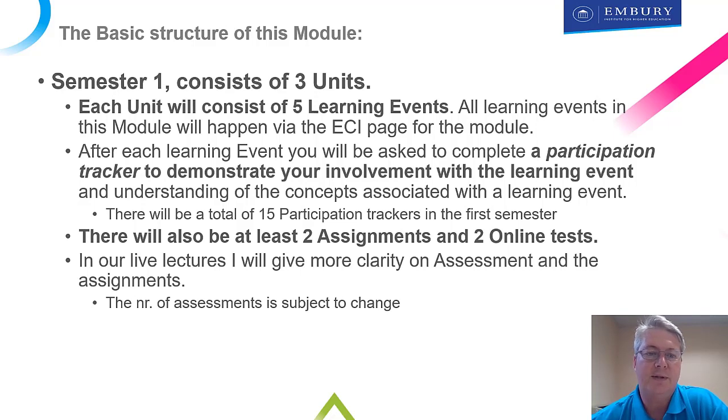All learning events in this module will of course happen via the ECI page for the module. After each learning event, you will be asked to complete a participation tracker to demonstrate your involvement with the learning event and understanding of the concepts associated with that particular learning event. There will be a total of 15 participation trackers, or PTs, in the first semester.